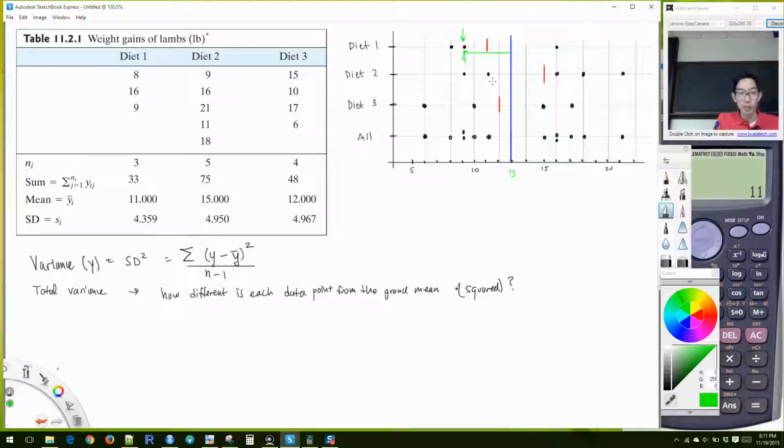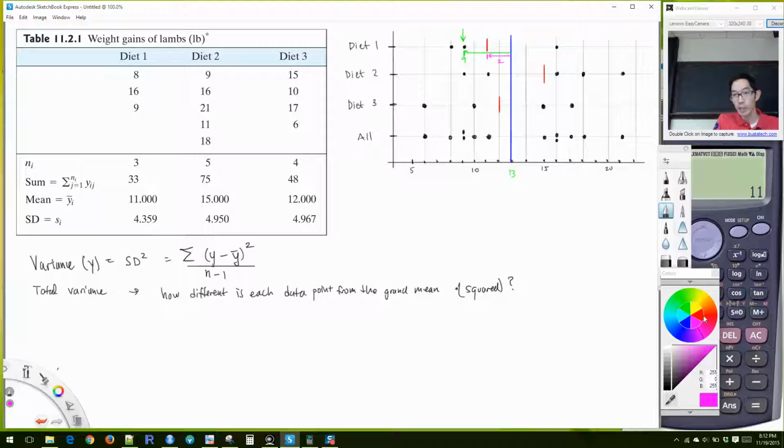But we can break that apart, and say some of this difference is the fact that his group mean is different from the grand mean. His group mean is 2 units away from the grand mean.